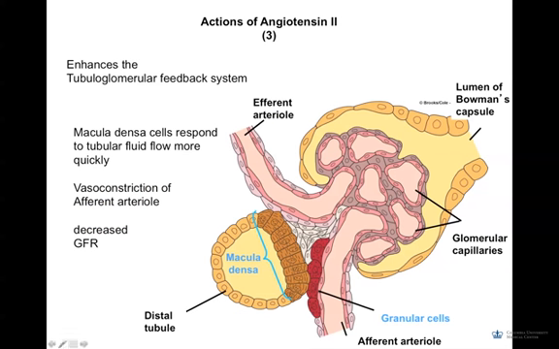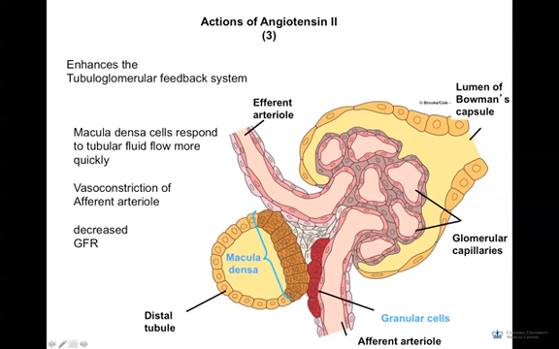Angiotensin II also enhances the tubuloglomerular feedback system. If you remember, this was the system that auto-regulates GFR, so that if there happens to be a momentary rise in GFR, the kidneys bring it back down.